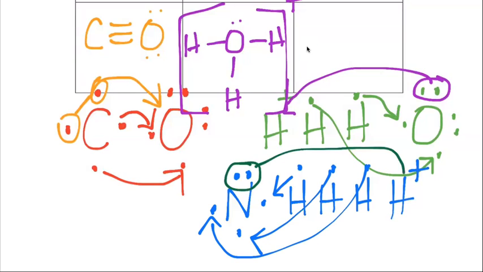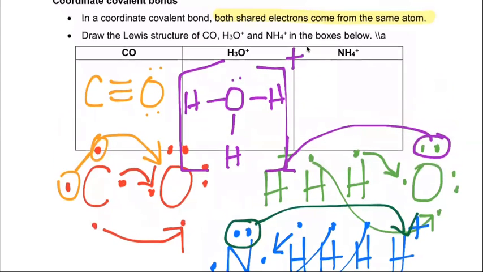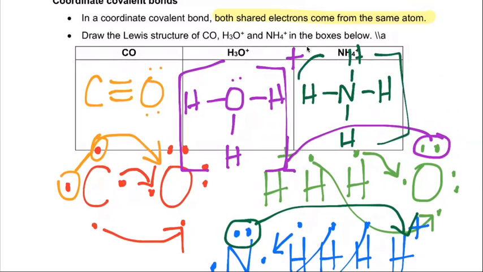I'll share that with you and we can bond that way. That 4th one is going to be the coordinate covalent bond in this one. So we end up with N single bonded to 4 different hydrogens. And again, because this one's an ion, we put it in brackets and put its charge up here.